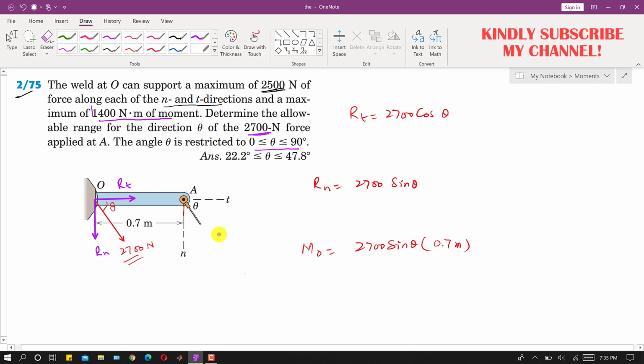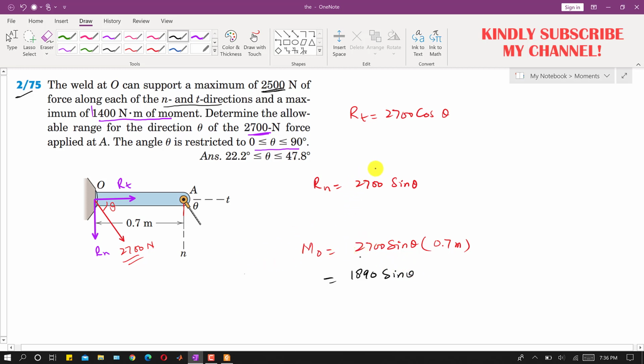And then as we can see that force was producing the moment about this point O in the clockwise direction, so this moment is clockwise, right? So let me first find the product of this 2700 and 0.7. When we solve this, this is 1890 sine of theta, right?